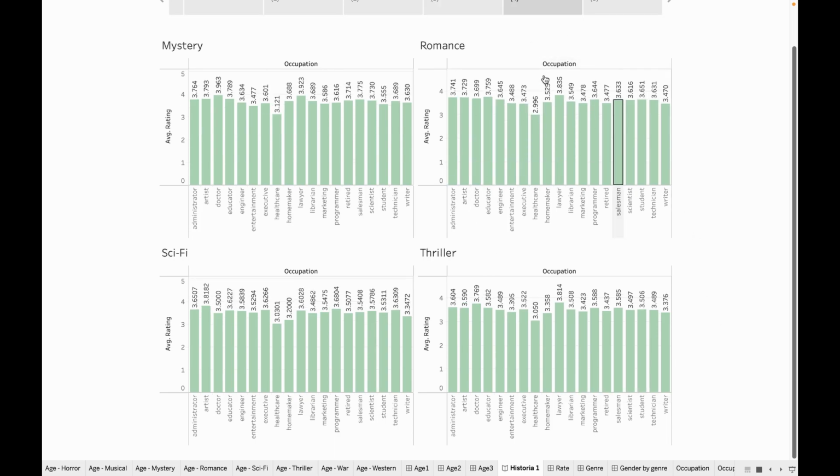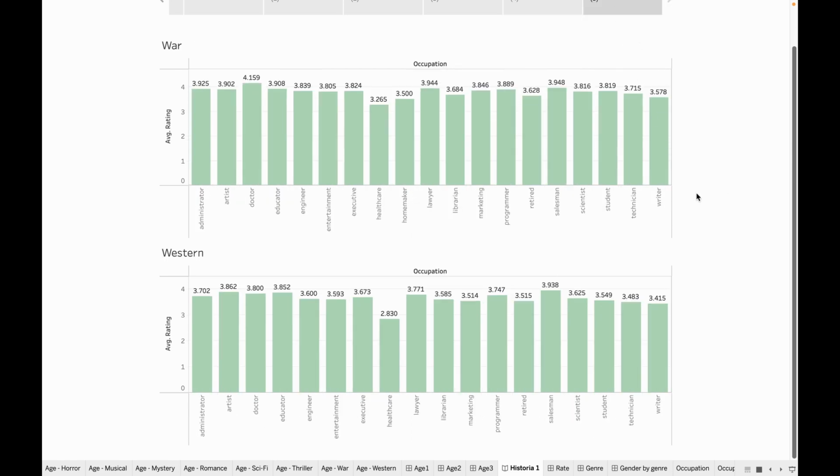And then we have these genres that we did the same as in the other slides. Here we have war, which was the second worst rated genre.